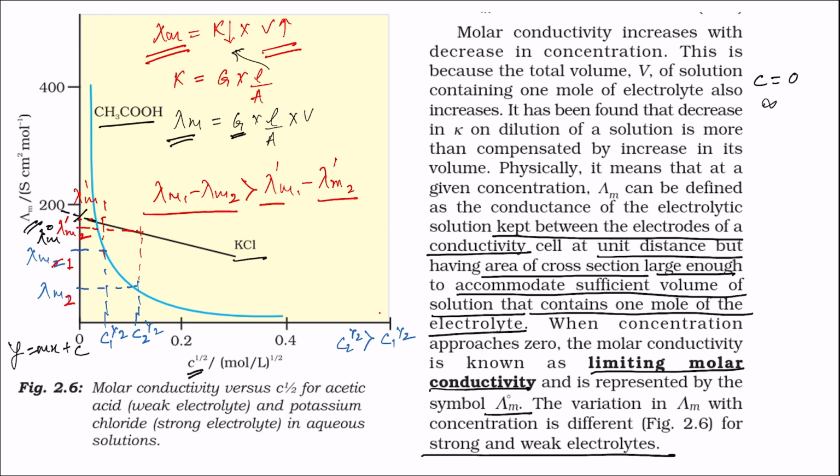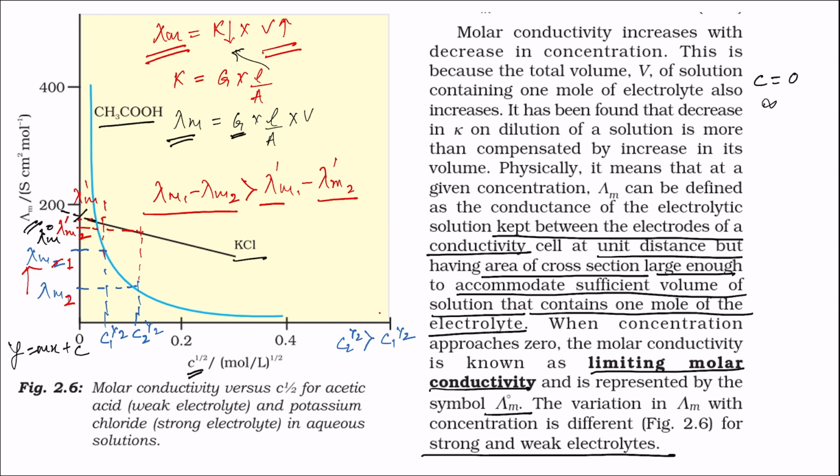Lambda m1 minus lambda m2 gives the change in molar conductivity with dilution for acetic acid. It can be seen that the molar conductivity of a weak electrolyte, that is acetic acid, increases very fast with dilution, whereas the molar conductivity of a strong electrolyte like KCl increases very slowly with dilution.